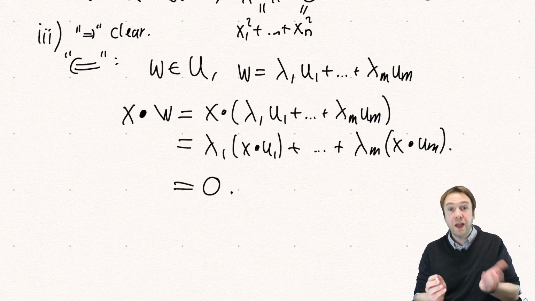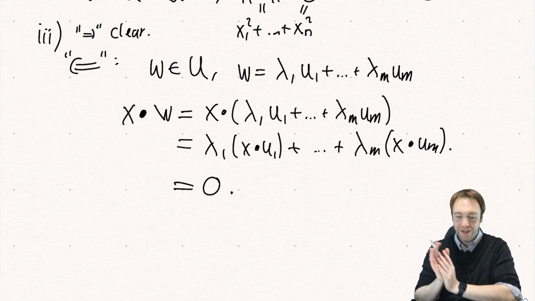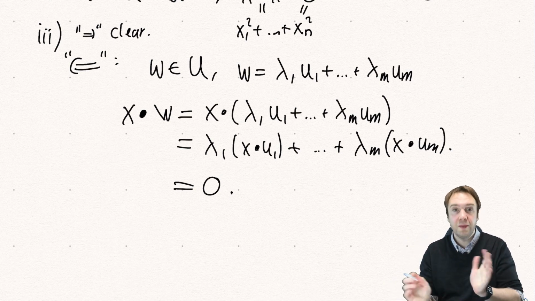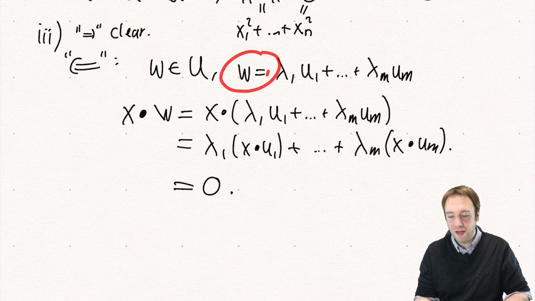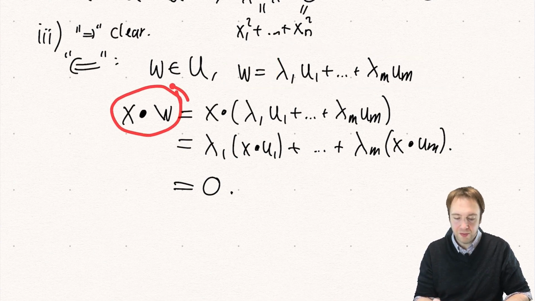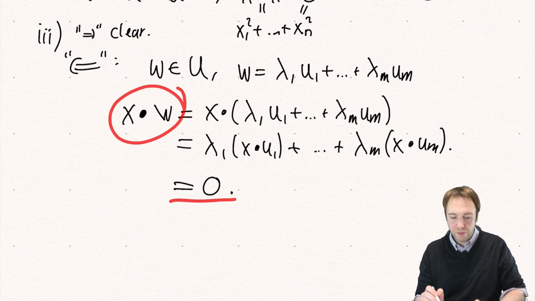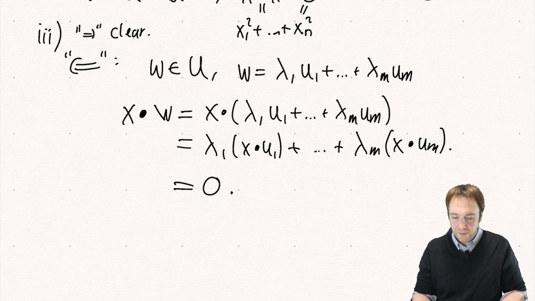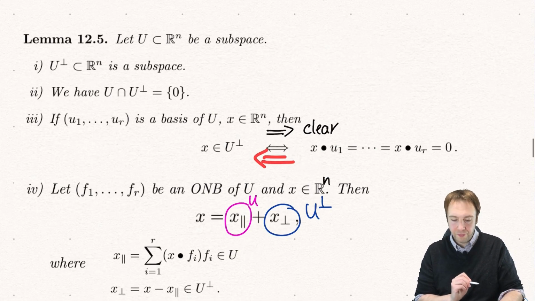And therefore, if X is orthogonal just to the basis elements, then it's already orthogonal to any element in the subspace U, because this W was an arbitrary element, and any arbitrary element can be written as a linear combination like this. So if X is orthogonal to the U's, then it's already orthogonal to W. And therefore, this direction here is proven.